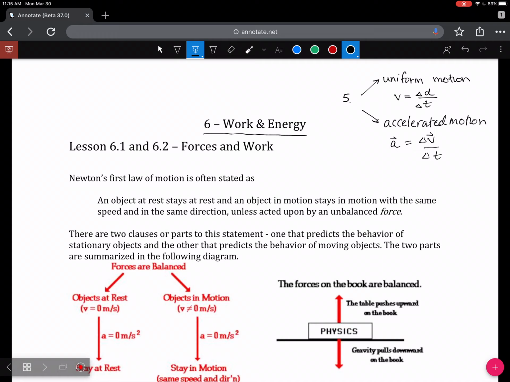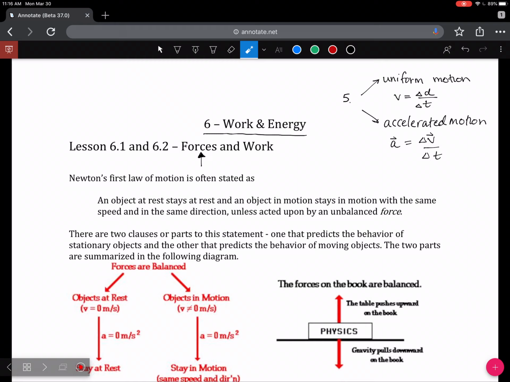So how this connects to lesson 6.1 on forces is that when we look at Newton's first law of motion, and there's 3 of them, we'll start with the first. They mention forces and they mention how the motion is affected. So let's take a look.